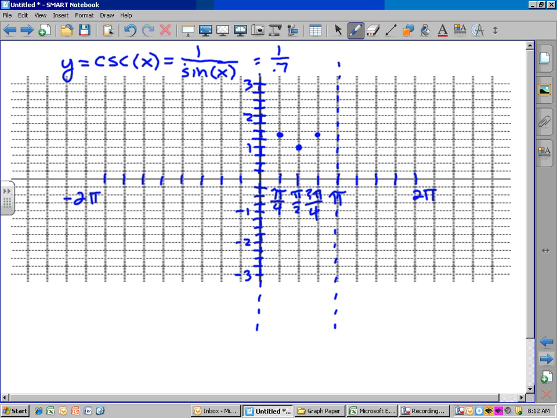I can't really say U because it continues to go out. It keeps approaching and approaching the asymptote, getting closer and closer. We'll never touch it. So I'd say it acts very much like a parabola.